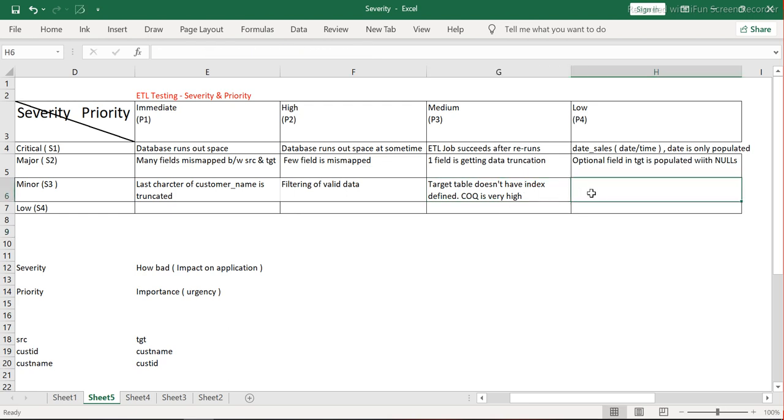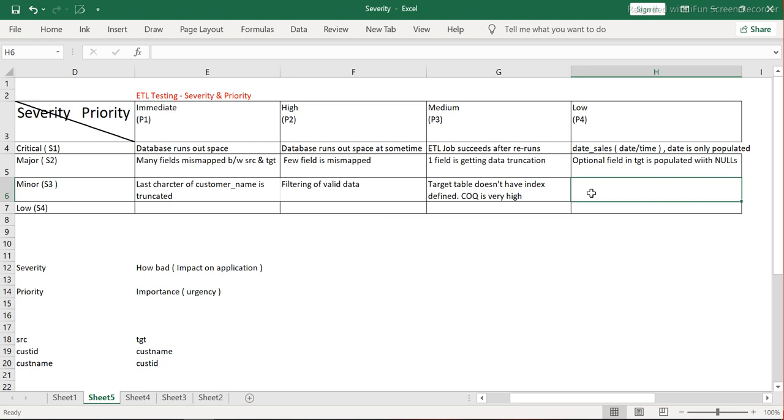Now, let's see minor and low. Minor is the severity and low is the priority. Low means we don't need to fix it right now.